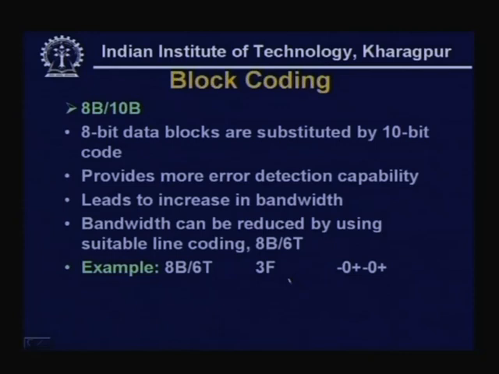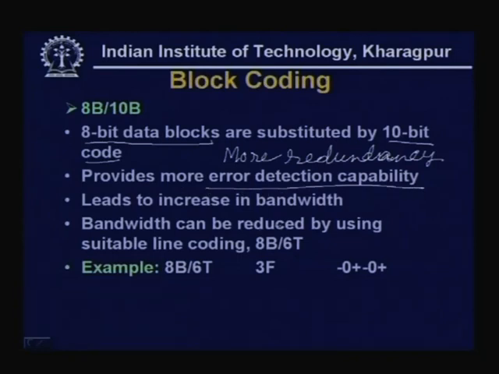Now, another block coding example is 8B to 10B. Here you have 8-bit data blocks which are substituted by a 10-bit code. So, each 8-bit data is encoded by 10-bit data. Obviously, it allows more redundancy, and more redundancy provides more error detection capability, but unfortunately, it leads to an increase in bandwidth.